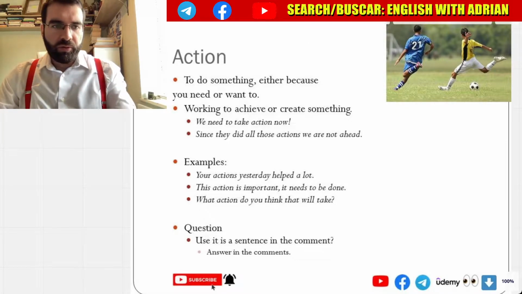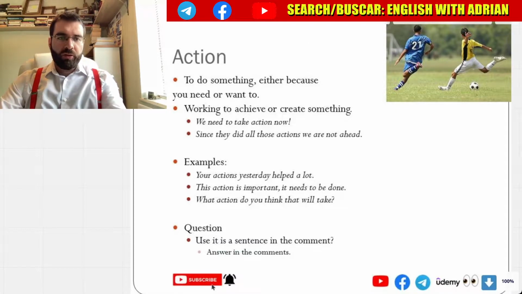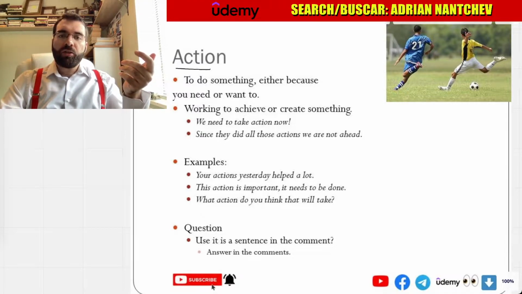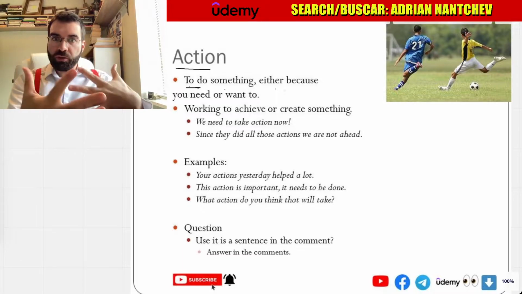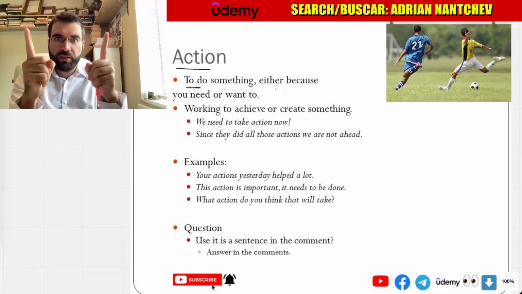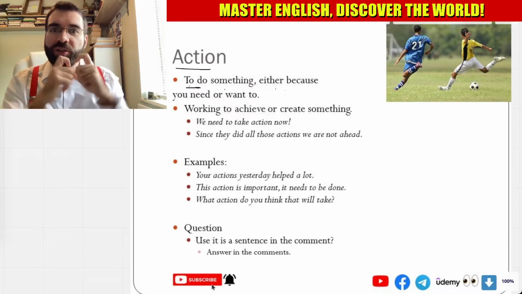Okay, language explorers. So let's have a look at the noun action. Action. To do something, either because you need or want to.